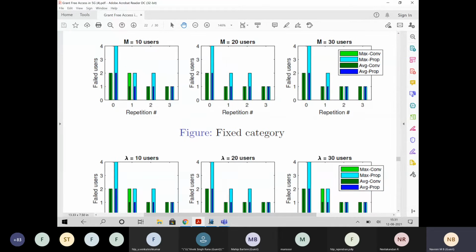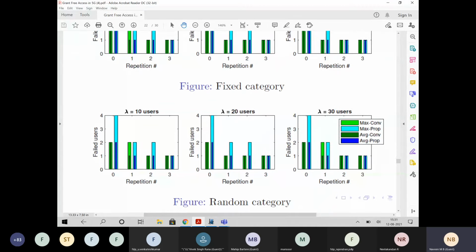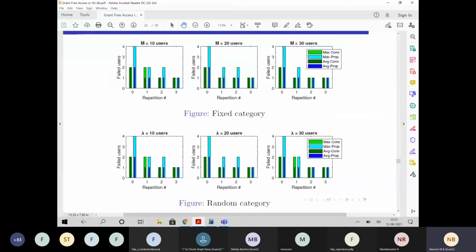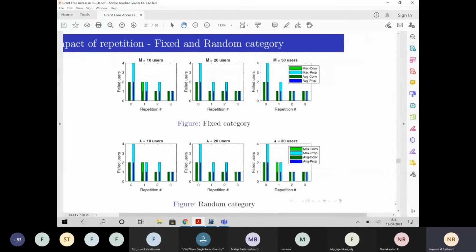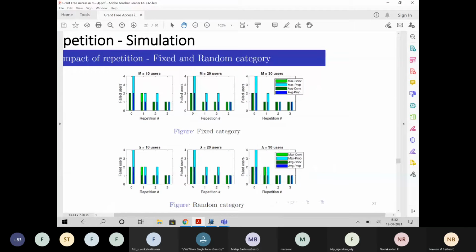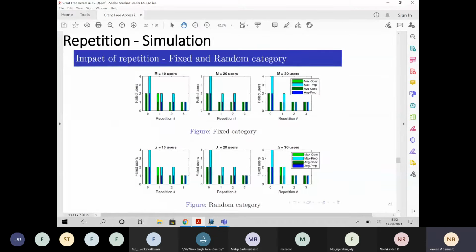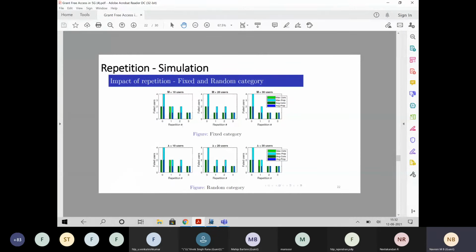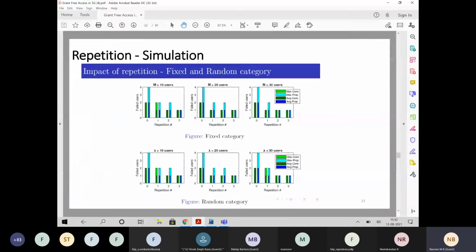Okay, the same was observed when you have 20 users arriving, 30 users arriving, even in the case of Poisson, the same thing was observed. If you have repetition, even with just one repetition, we were doing a lot of good work compared to the conventional algorithms.